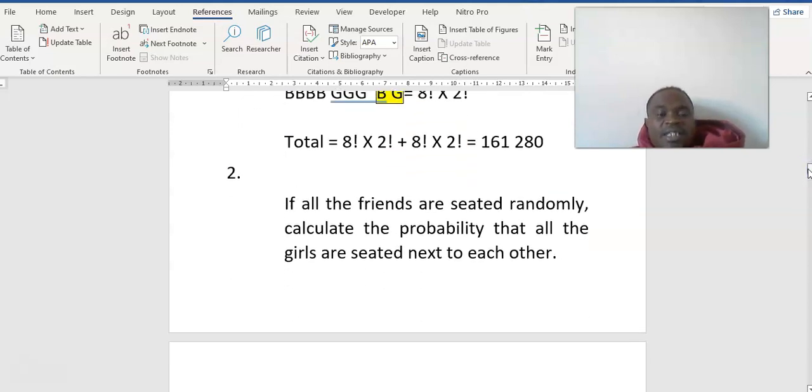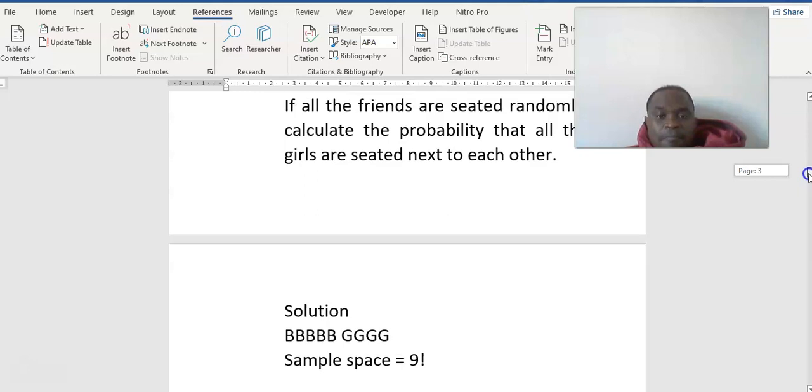If all the friends are seated randomly, calculate the probability that all the girls are seated next to each other. All the girls. So the girls must sit together. So here we still have 5 boys, 4 girls.